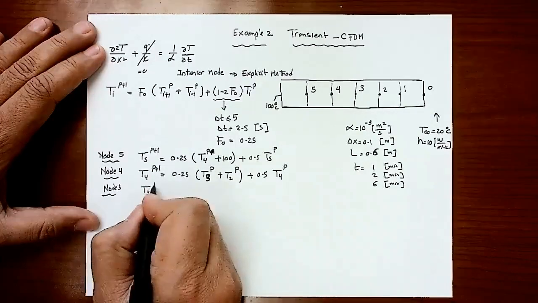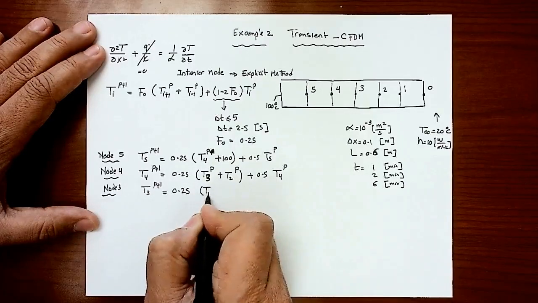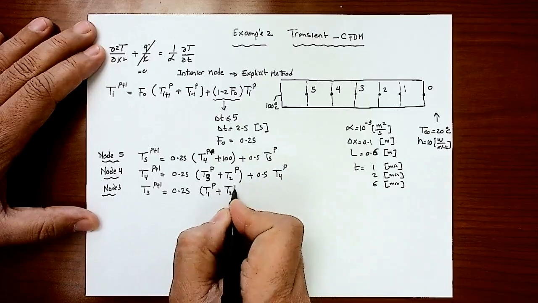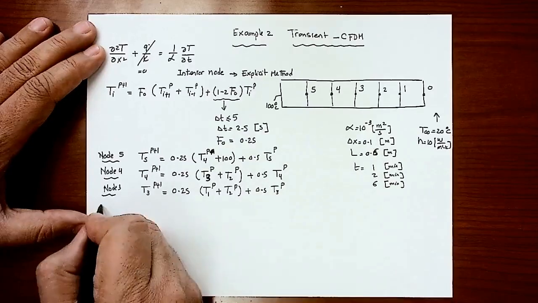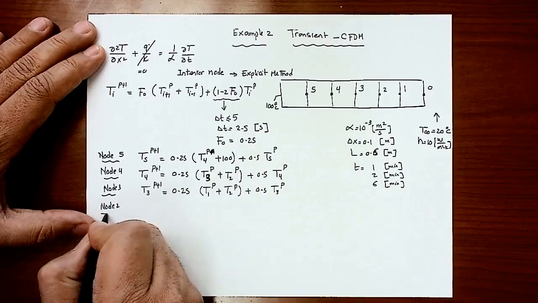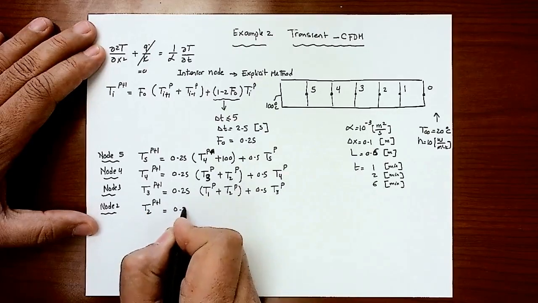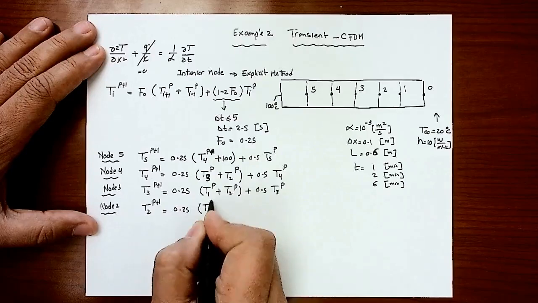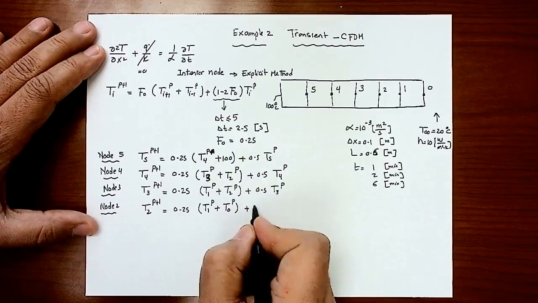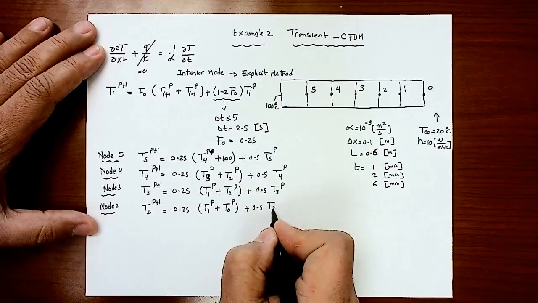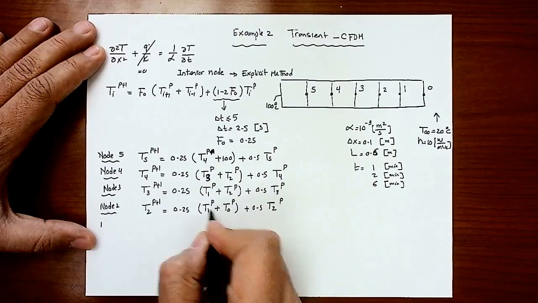For node 3, you should have T3 at P plus 1 equal to 0.25 times T1 at P, T2 at P, plus 0.5 T3 at P. For node number 2, T2 at the new time step equals 0.25 times T1 plus T0, now an added unknown, plus 0.5 T2 at P. Oh, sorry, that should be 1 and 3, right?